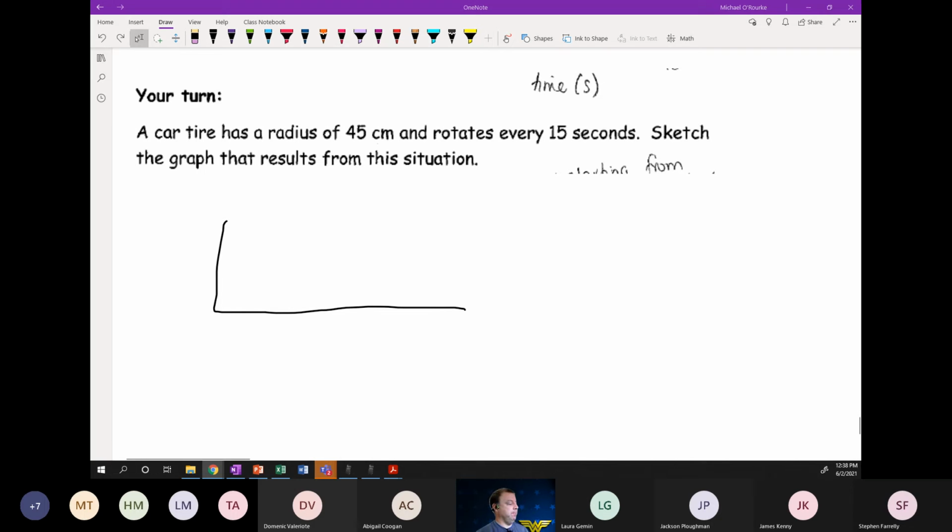Put a T in chat if you want some more time.